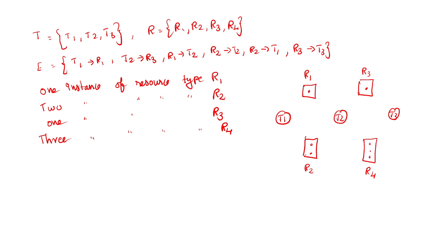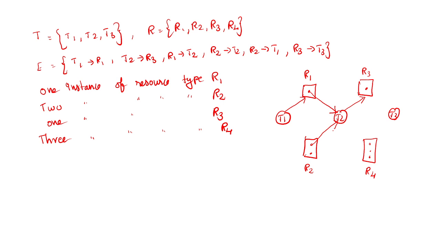Now draw the edges. T1 is requesting R1. Okay. T2 is requesting R3. Now R1 has been allocated to T2. Next, R2 has been allocated to T2.